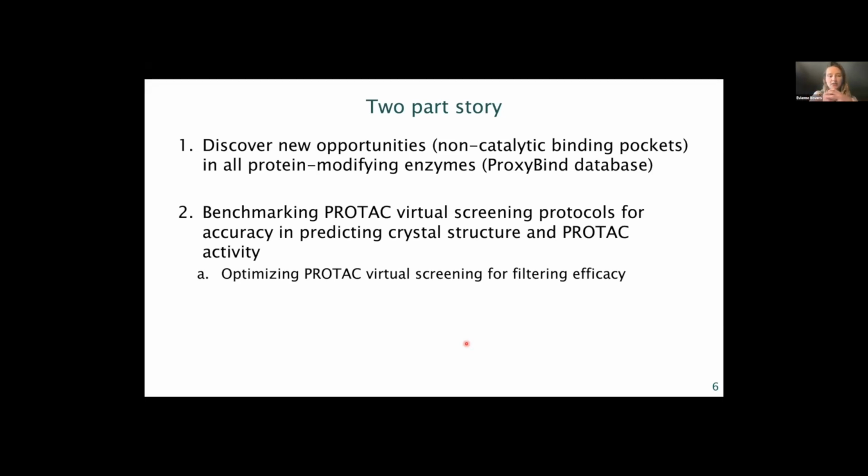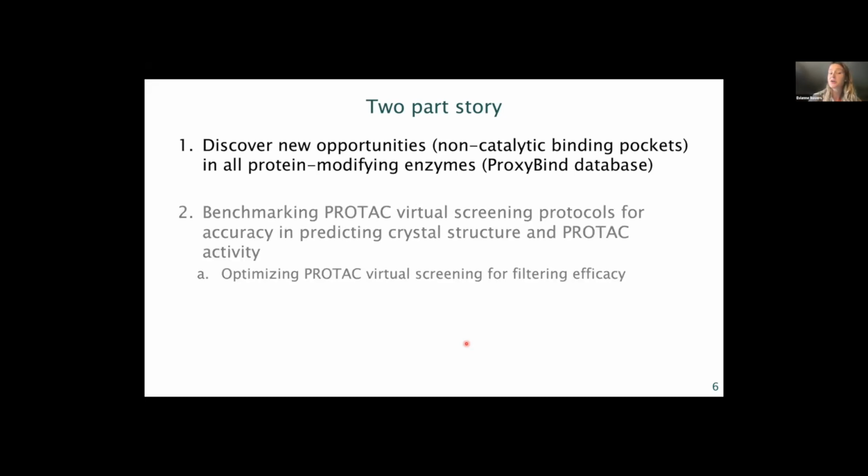How can we optimize that linker and see which ones would potentially be active versus inactive. So I'm going to be talking about discovering new opportunities in protein modifying enzymes, and also about benchmarking PROTAC virtual screening protocols, where I included the ICM protocol, and also a bit more on how we can optimize this PROTAC virtual screening to filter PROTACs.